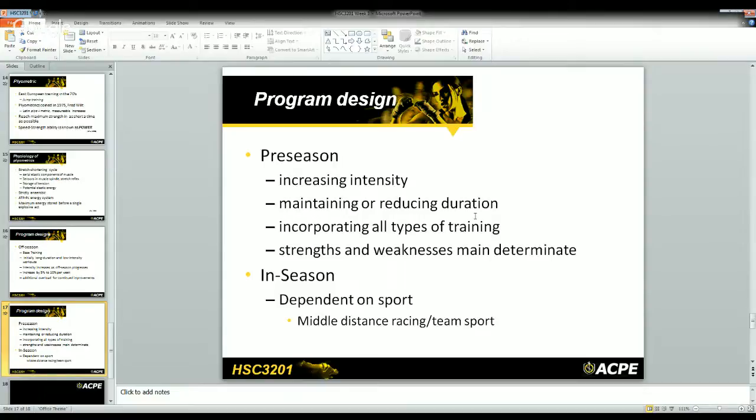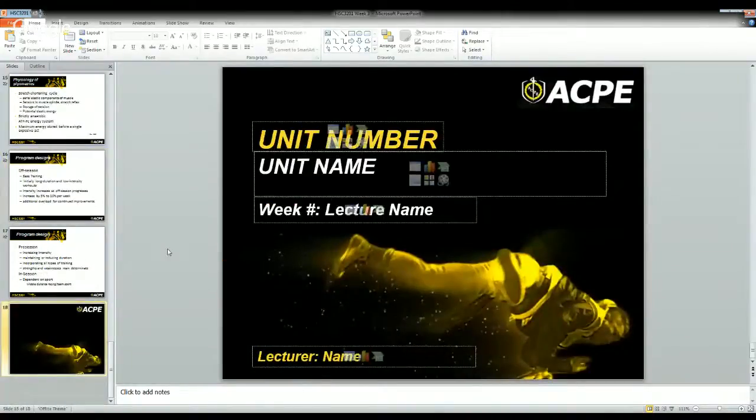It doesn't matter whether it's football, rugby league, rugby union, AFL, even basketball and netball, it's a lot of moving, stop, start. So that's the sort of agility and acceleration work that we need to work on, and we'll incorporate plyometrics.